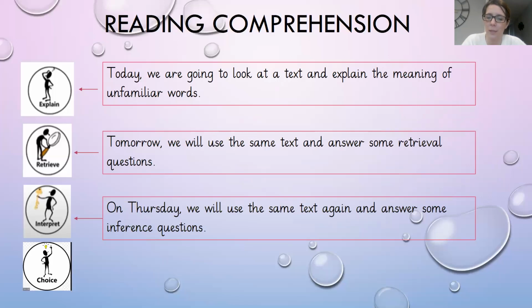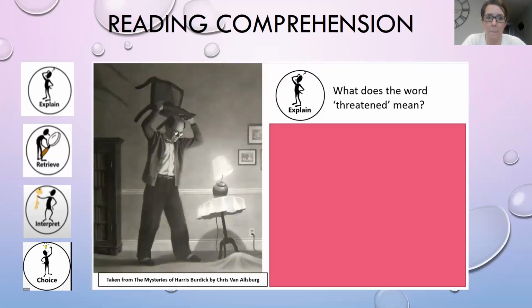So before we start our new text, we're going to start by looking at another picture. I know that sometimes we read texts without pictures, but I do love to look at pictures still. I still love my picture books, as I know that a lot of you do. So here we've got a picture which is taken from The Mysteries of Harris Burdick by Chris van Allsburg.